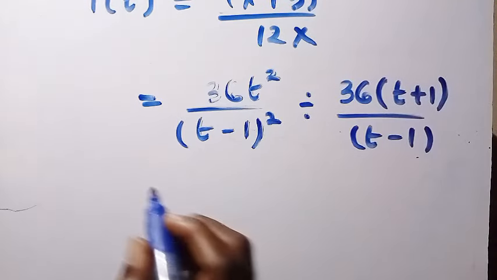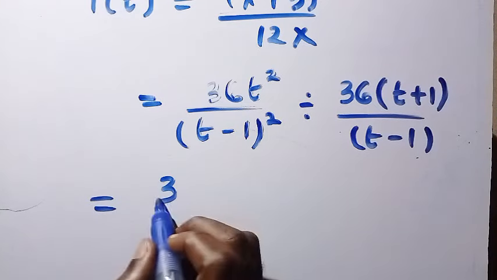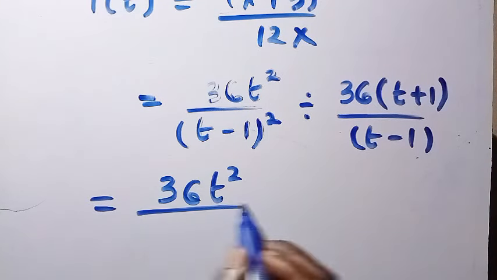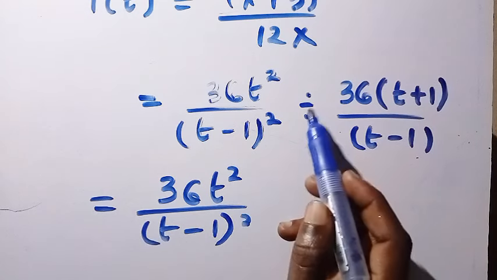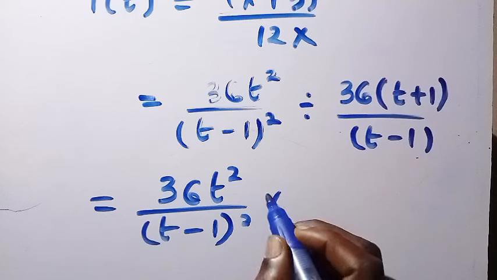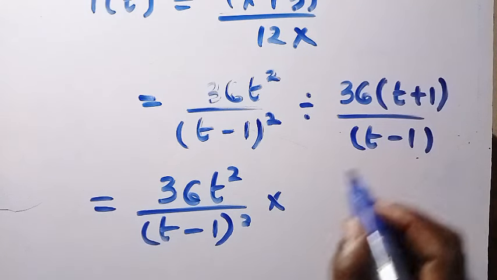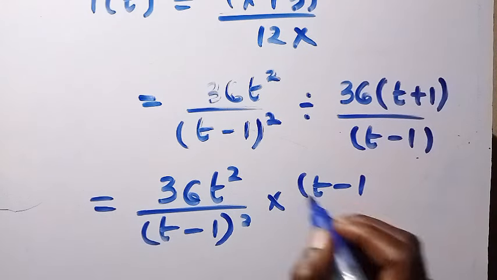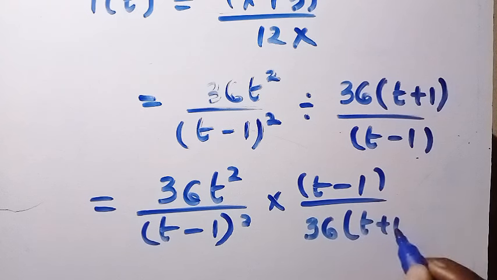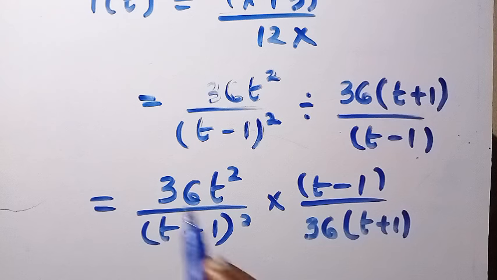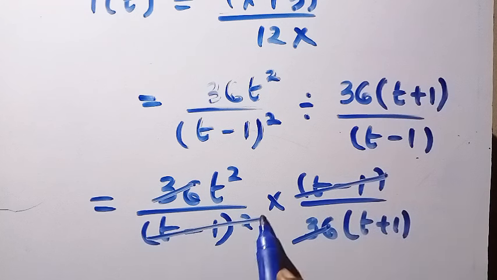By the rule of reciprocal, we change this to multiplication: 36t squared over (t minus 1) squared, times (t minus 1) over 36(t plus 1). So 36 cancels 36, and t minus 1 appears twice below and once above, so this cancels, leaving only t minus 1 here.